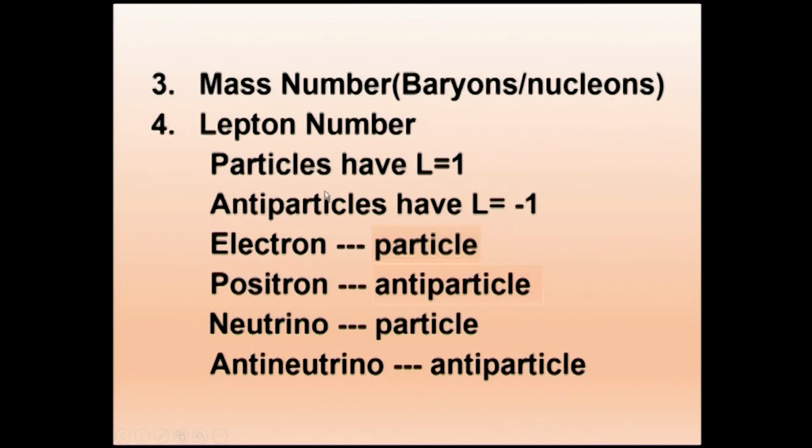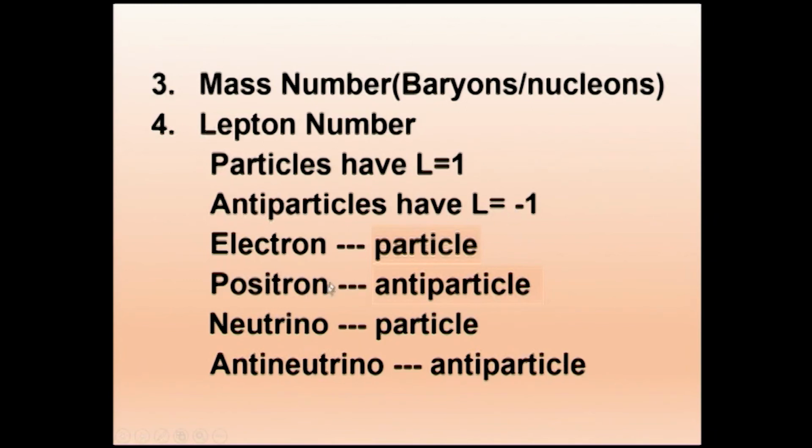Electron is a particle, so it has plus 1, and positron is an antiparticle, so it has L equal to minus 1. Neutrino is a particle, so it has plus 1, and antineutrino is an antiparticle, so minus 1.